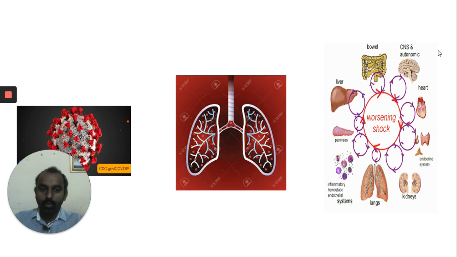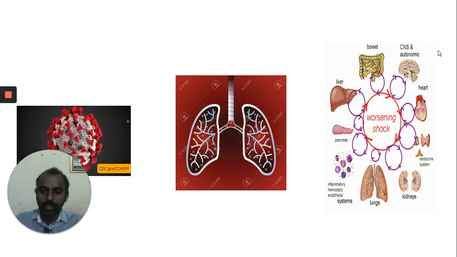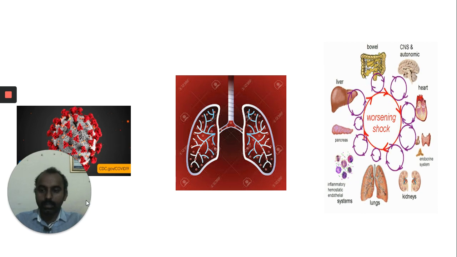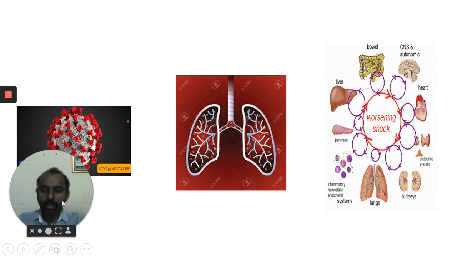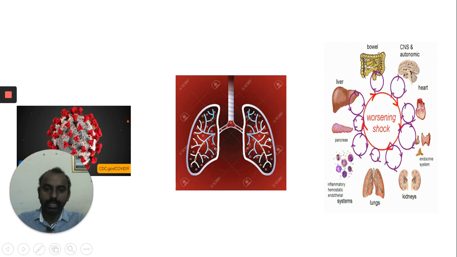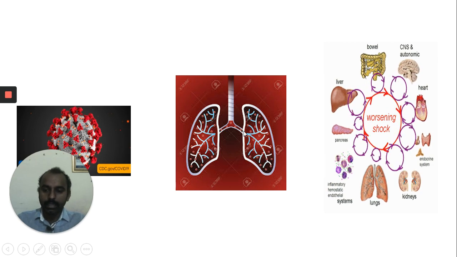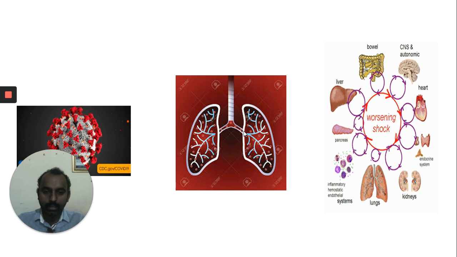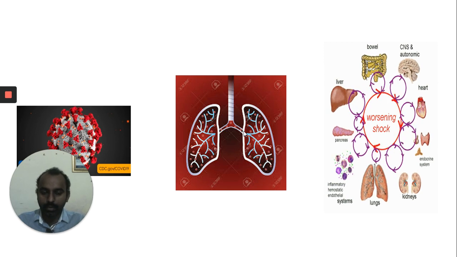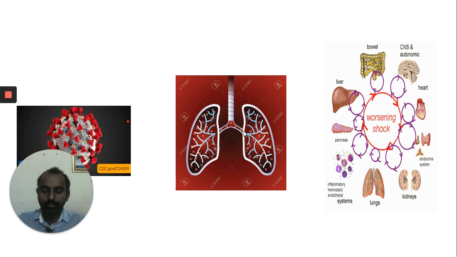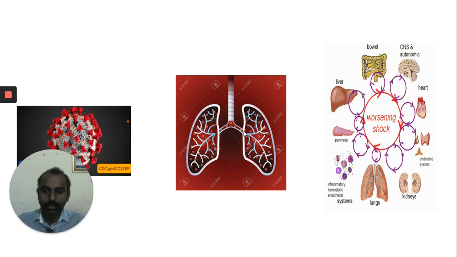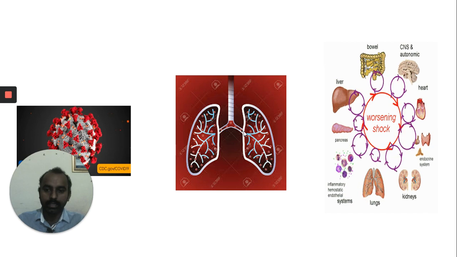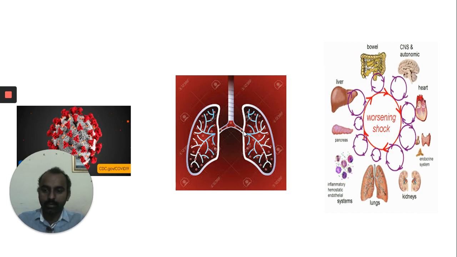These slides show you that the preliminary attack of coronavirus is on the lungs, especially the secondary pneumocytes. Secondary pneumocytes, as we already know, are helpful in maintaining the viscosity of the lungs, and they have receptors, angiotensin converting enzyme 2.